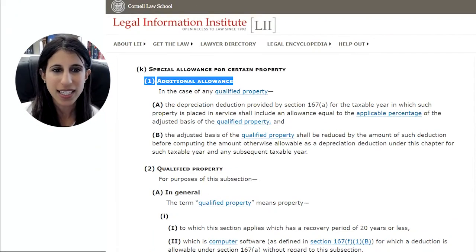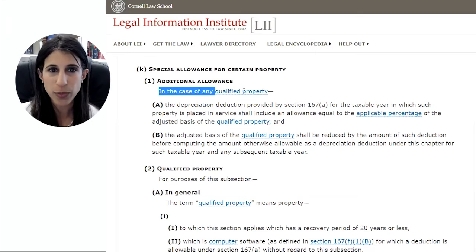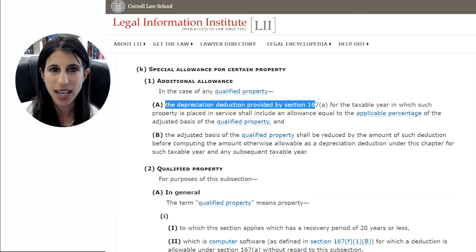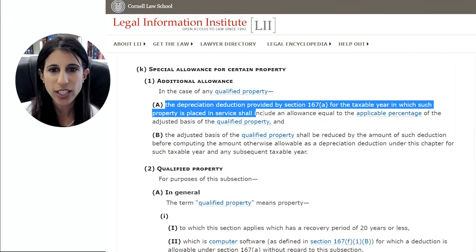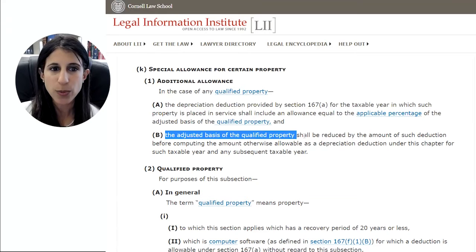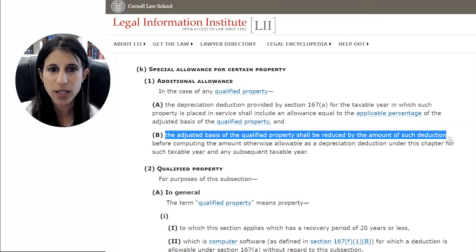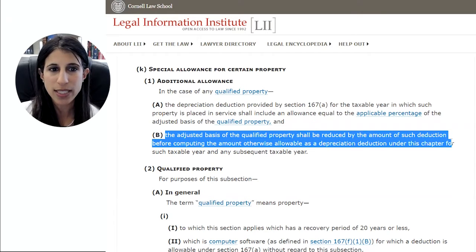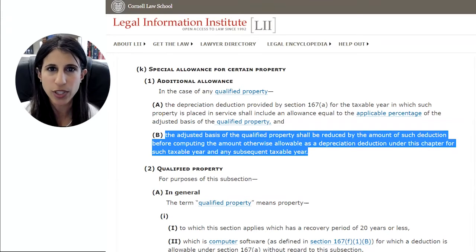Section 168(k) tells us that in the case of any qualified property, the depreciation deduction provided by Section 167(a) for the taxable year in which the property is placed in service shall include an allowance equal to the applicable percentage of the adjusted basis of the qualified property, and the adjusted basis of the qualified property shall be reduced by the amount of such deduction before computing the amount otherwise allowable as a depreciation deduction under this chapter for such taxable year and any subsequent taxable year.